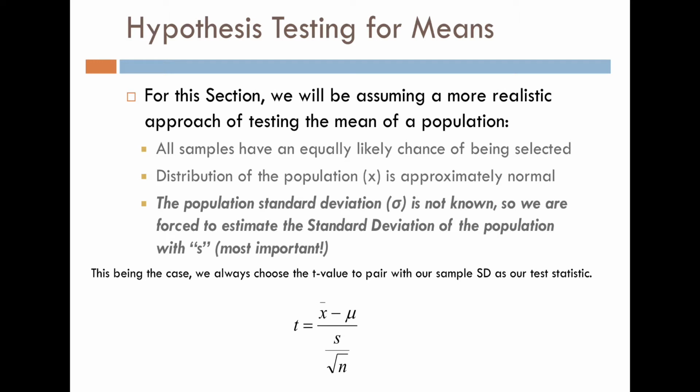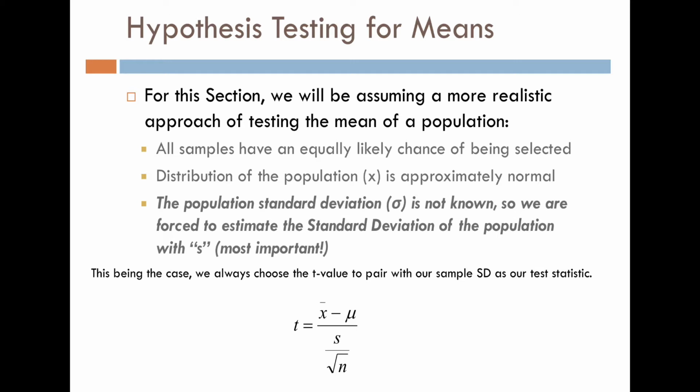Now, we are going to make some assumptions. Number one, just like before, we're going to assume all samples have an equally likely chance of being selected. That means any sample that would be within the sampling distribution is a possible outcome. We're also going to assume that the underlying population of our data, which we represent with X, is approximately normal.